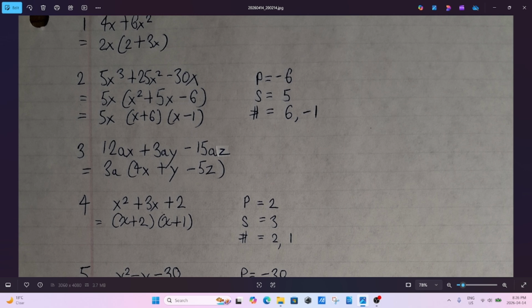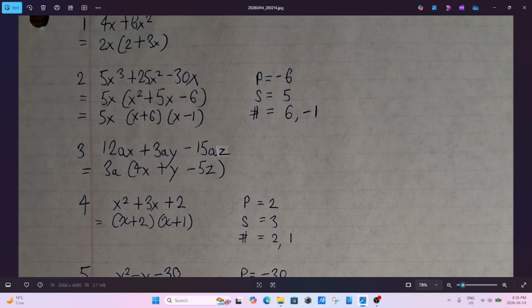Question 2. It says here is 5x cubed plus 25x squared minus 30x. So we factor out the common factor of 5x. So now it becomes 5x times x squared plus 5x minus 6.